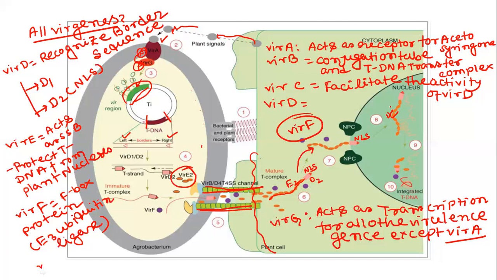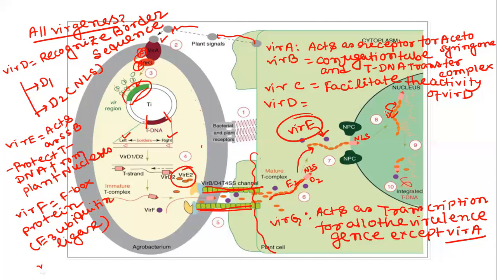VirE2 and D2 are degraded by the addition of a ubiquitin tag by VirF. VirF adds the ubiquitin tag to VirD2 and E2. We all know that if ubiquitin is added to a protein, it will be degraded by the proteasome. So there is a death signal, and E2 and D2 are degraded.